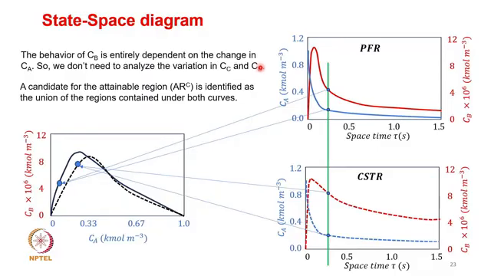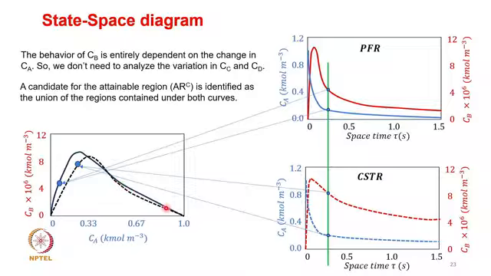Okay, so now let's see what's happening. You can see the behavior is entirely depending upon the change in Ca. So we don't need to analyze the variation of Ca and Cd at the moment. A candidate for the attainable region is identified as the union of the regions contained under both curves. You can see that your solid line, which of course represents a PFR, has an edge at certain points, and the dashed line, which represents the CSTR, has an edge at certain points.